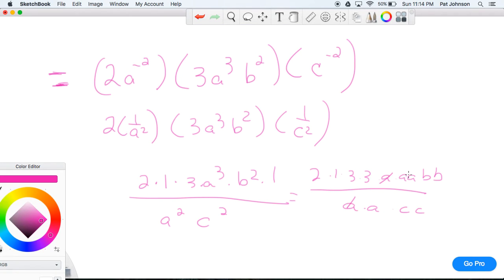This a and this a cancel out. This a and this a cancel out. This becomes 2 times 1 is 2, times 3 is 6, times b squared, all over c squared. I somehow added an extra 3, because that's just 3, not 3 cubed, so this is 6, not 18. So you have 6b squared over c squared.